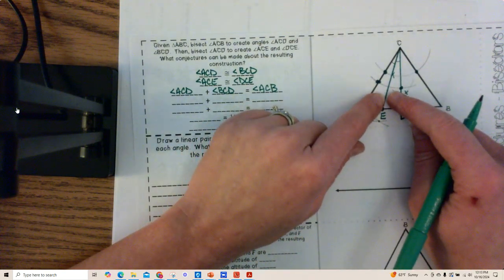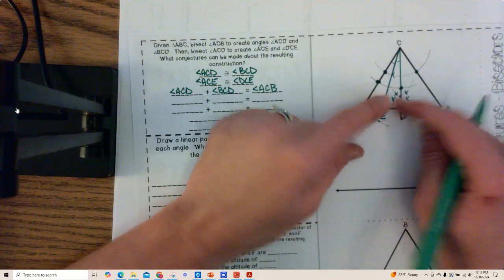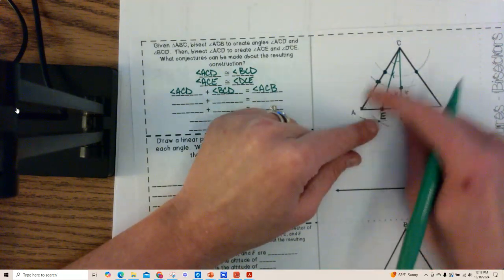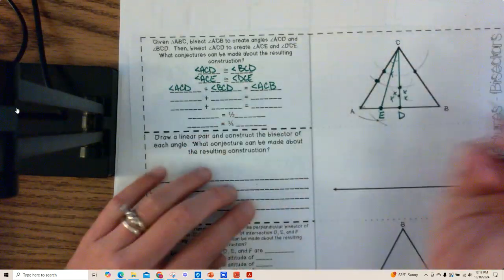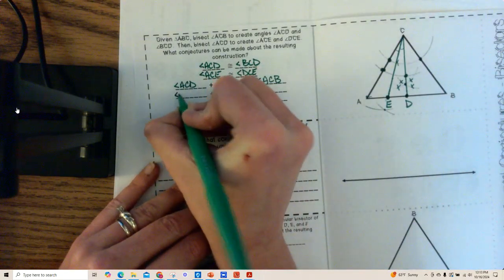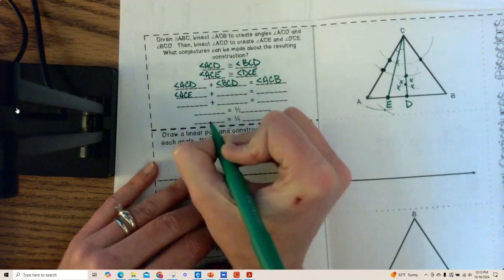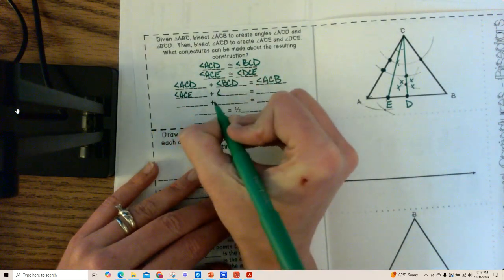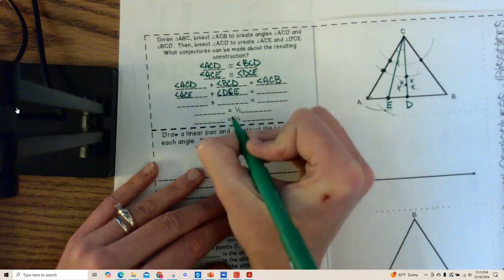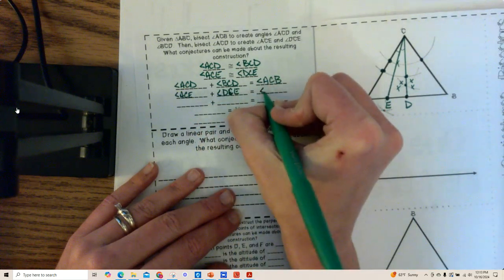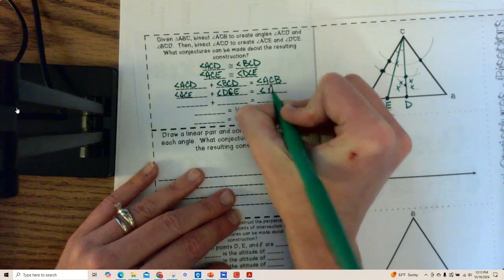Same with that second split. If I took these 2 little pieces and I added them together, I would get back to what I started with, which was half of that angle. So angle ACE plus angle DCE is going to equal the measure of angle ACD. It is a whole bunch of letters, but it's connect the dots.